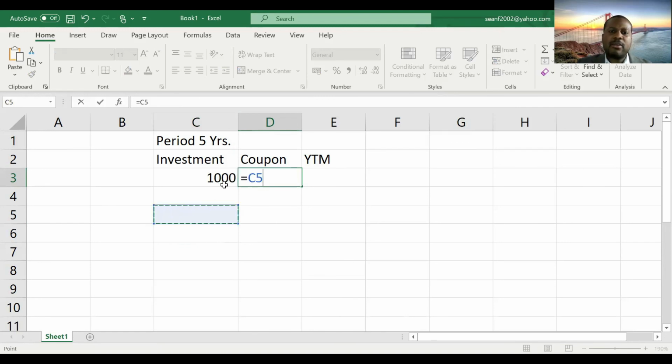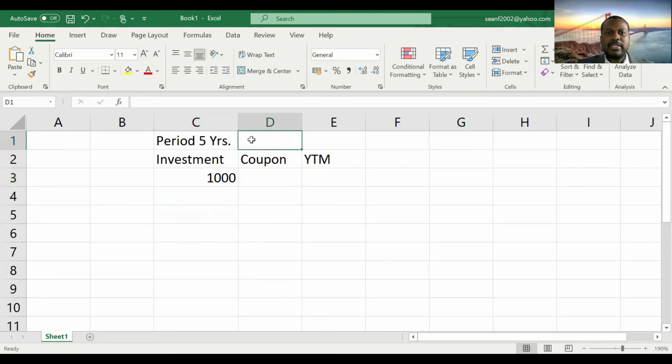Let's say the coupon rate of interest is 3%. It's a fair amount. And the yield to maturity is 2%. These are the key rates that relate to these figures.